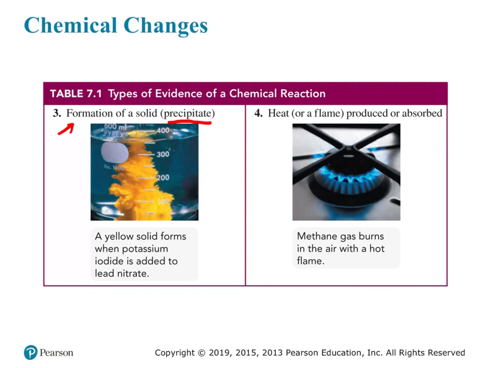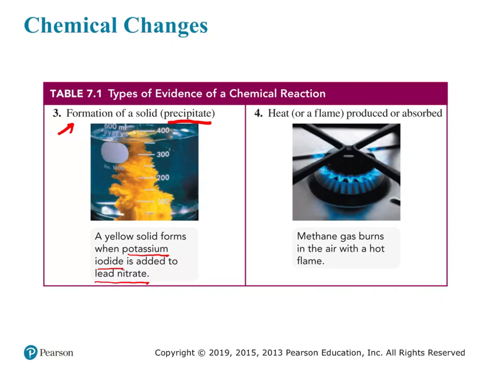So we'll talk more about these types of reactions later, but in the picture below you can see that there's a yellow solid forming in a clear liquid. So this happens when two liquids or chemicals, potassium iodide and lead nitrate, are mixed together.